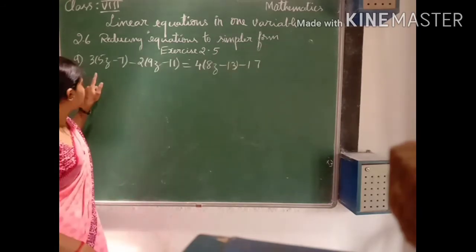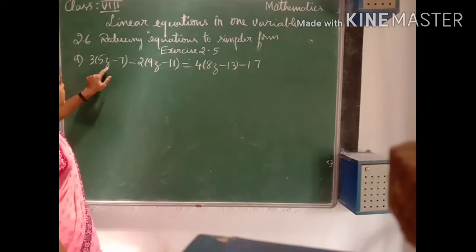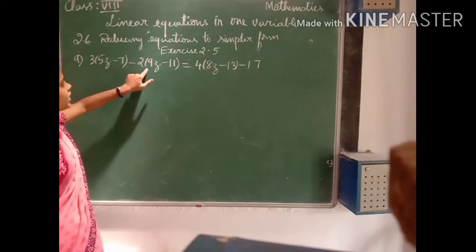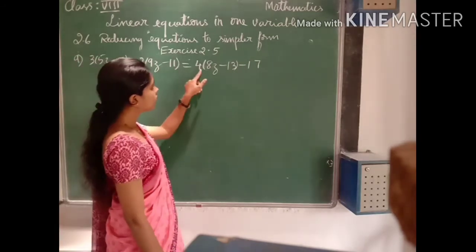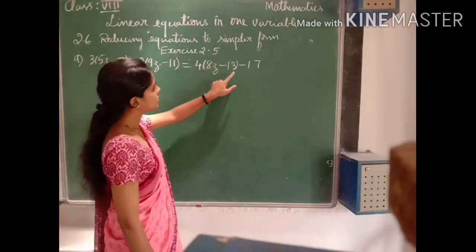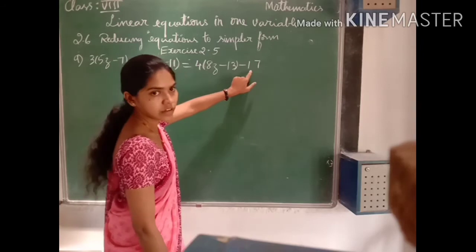Ninth problem: 3 in the bracket 5z minus 7, minus 2 into 9z minus 11 is equal to 4 in the bracket 8z minus 13, minus 17.